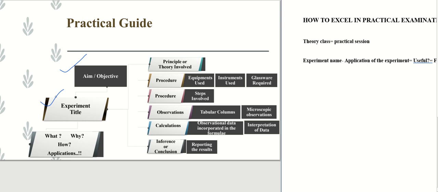We need to add viscosity enhancers, meaning viscosity improvers. That is how this kind of experiment is really helpful to improve the stability of a formulation.